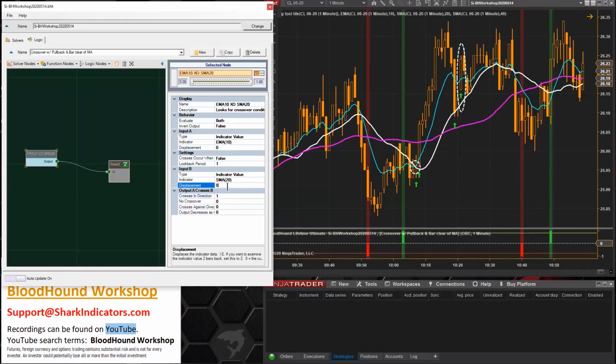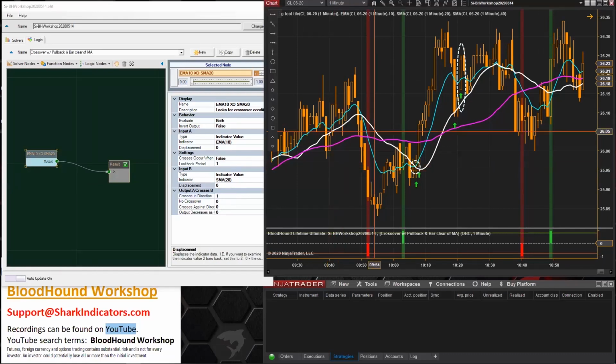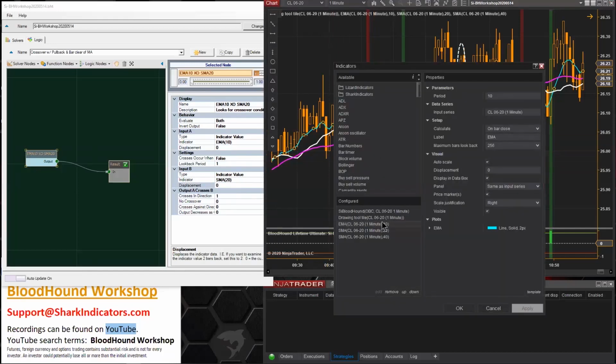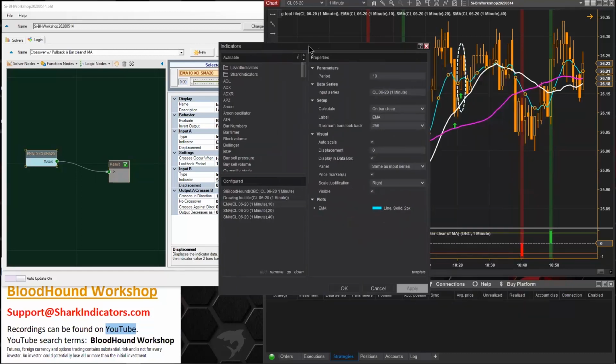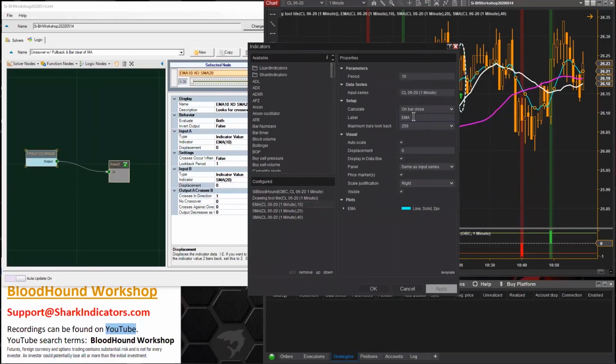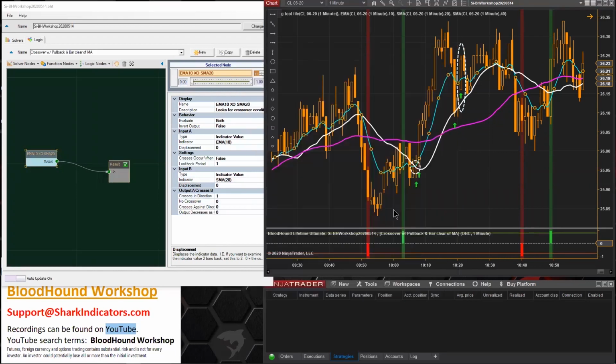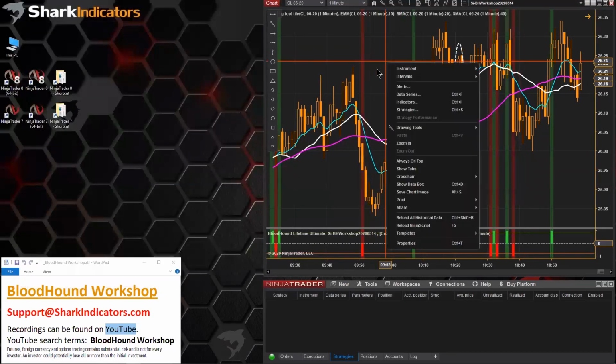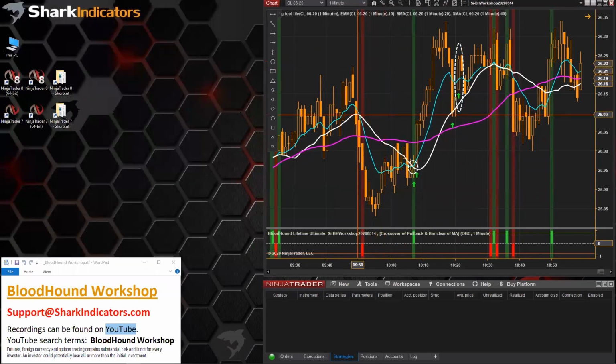EMA 10 over SMA 20, and this is definitely an EMA 10 and an SMA 20. I don't have any displacement going on. Oh, there we go. That was weird. It looked like I just needed a chart refresh for some reason. Okay, cool.